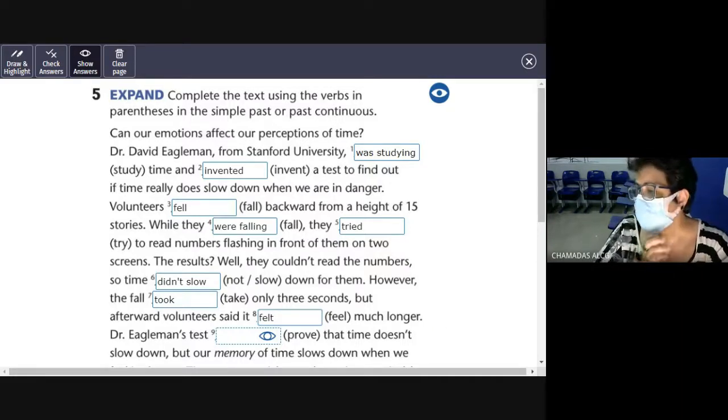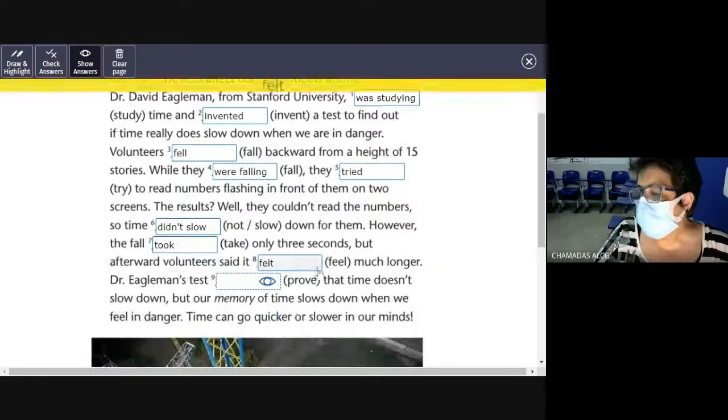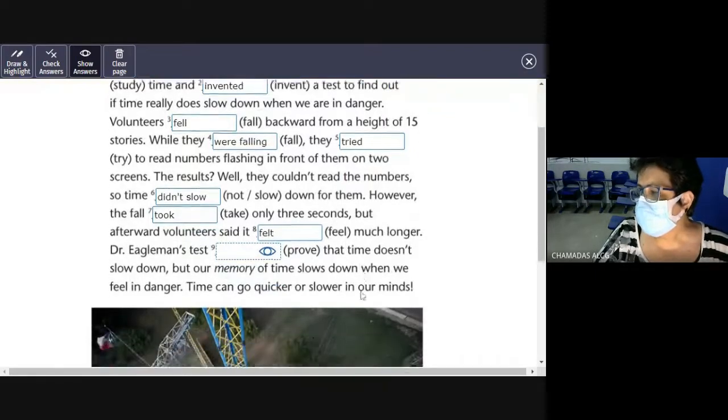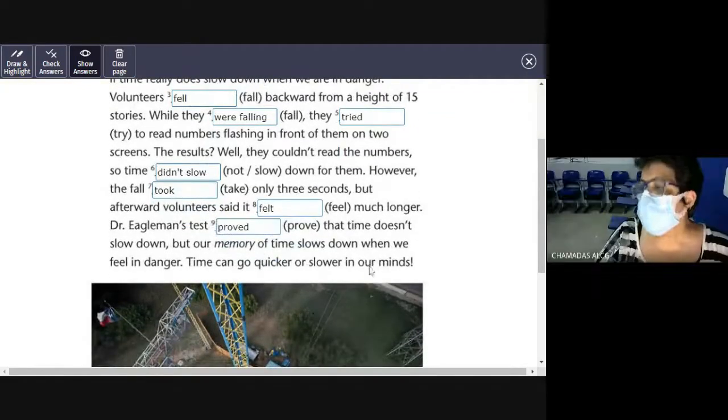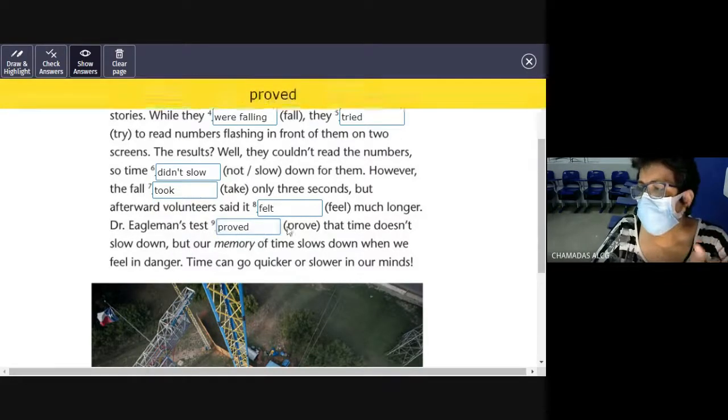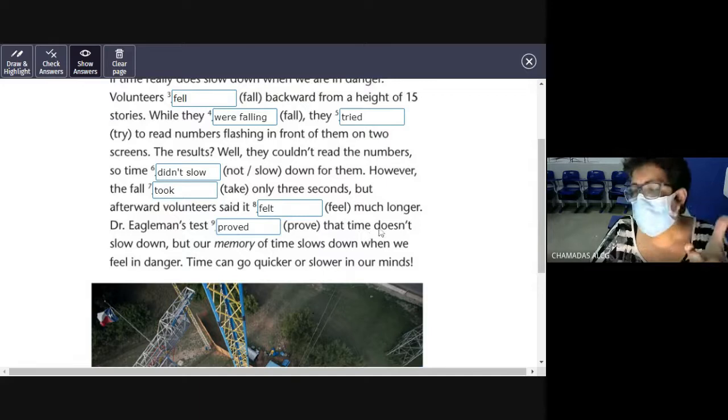Very good. Dr. Eagleman's test proved, okay, that time doesn't slow down. Ok, guys? So, a experiência dele provou que o tempo não reduz, ele não diminui a velocidade, ok?